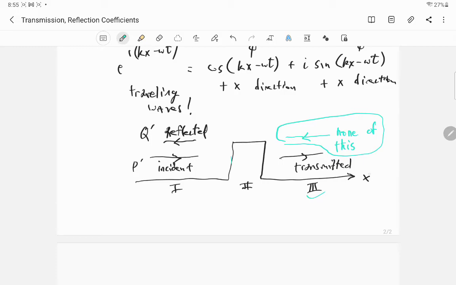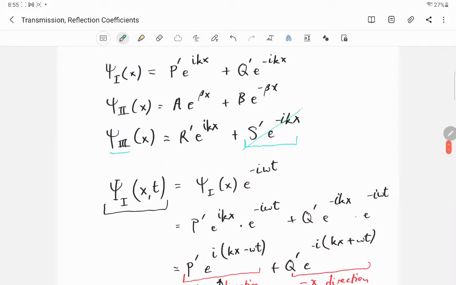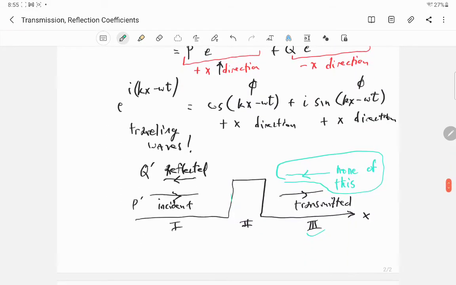So we as physicists modeling this situation choose this term to be 0, which is the same as saying there is a boundary condition such that there are no waves moving leftward in region 3.